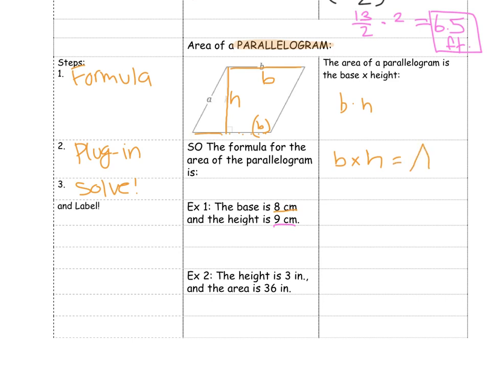I'm going to say this is equal to area. So the base is 8 and the height is 9. So since we don't have the area, we're just going to multiply that. 8 times 9 is 72. So our answer is 72 centimeters.